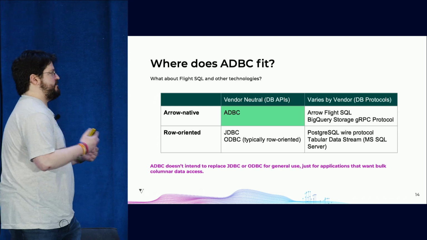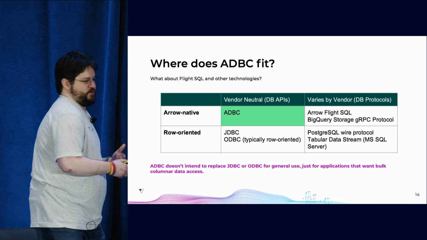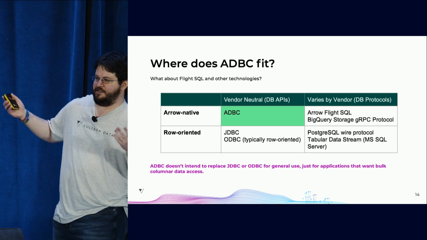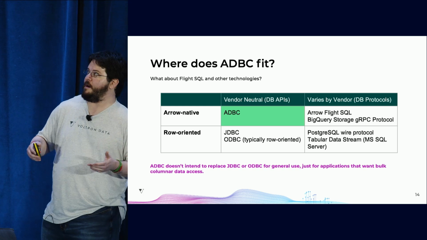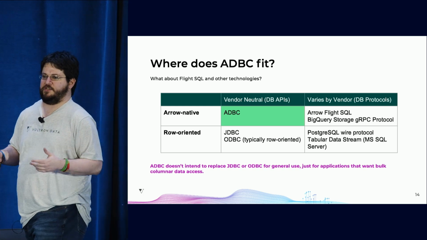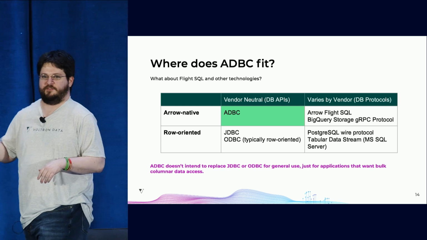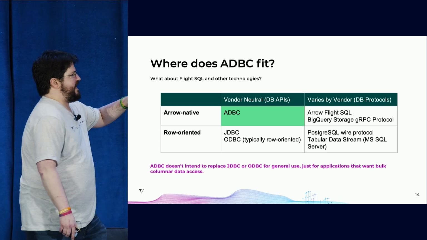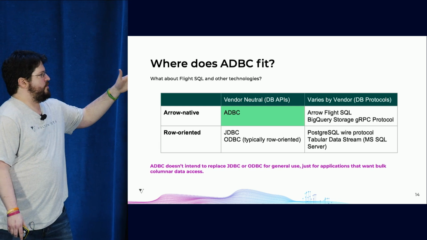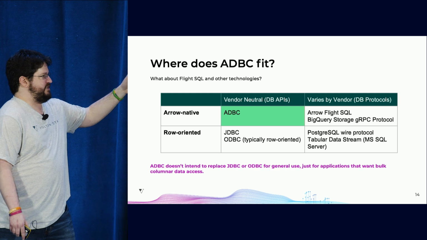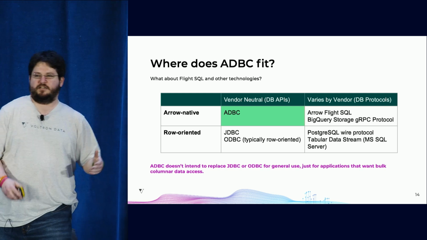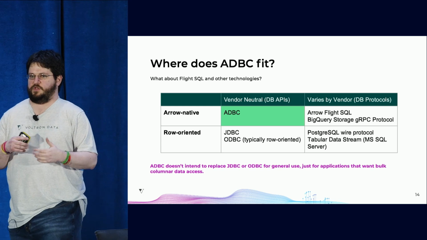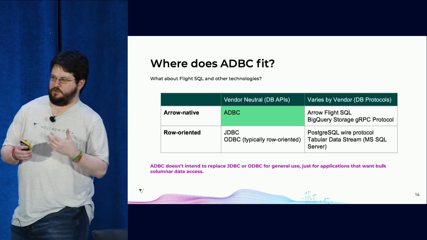So when we're talking about where this fits, we have the old XKCD comic: we had 14 standards, let's make one that fixes it all, now we have 15 standards. Where does ADBC fit? You've got your row-oriented technologies, JDBC and ODBC. ODBC does have a column-oriented option, but the type system isn't rich enough to really work with Arrow, and people just don't tend to use it.